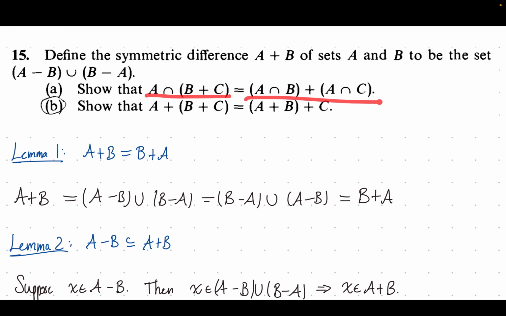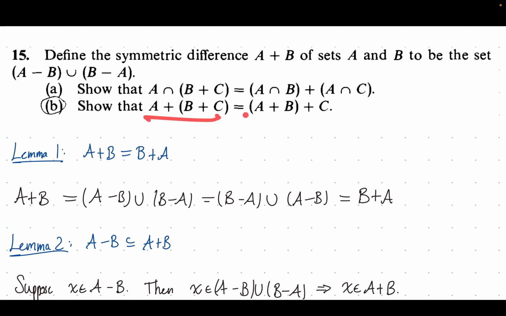I don't know where this will come in handy, but distributivity is usually a nice property to have. It helps you simplify stuff. It lets you break it down in one direction, or once you have something like this, it lets you simplify it in the other direction. So distributivity is pretty cool.